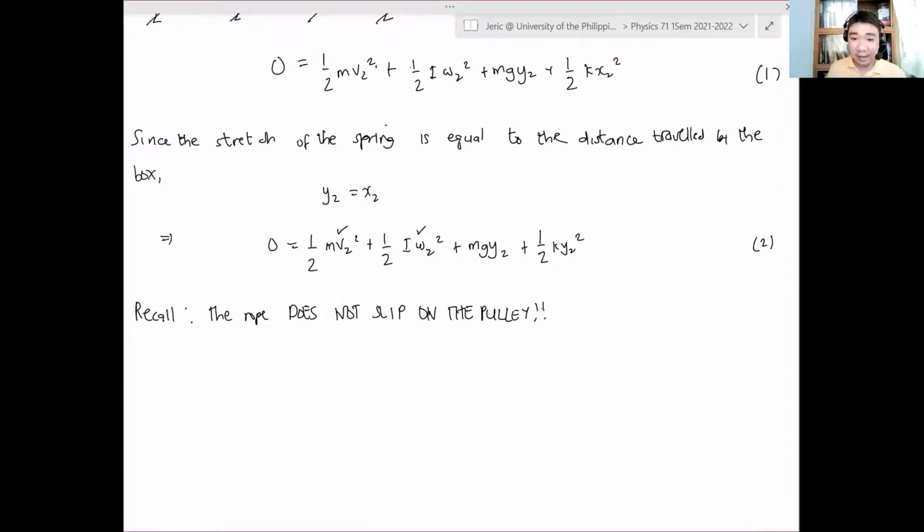We see that the tangential velocity acting on the edge of the pulley is equal to the radius of the pulley times the angular velocity of the pulley, omega. And hence, the velocity of the rope and therefore the velocity of the box should be related to the angular velocity of the pulley as given by equation 3. Therefore, we now have two equations and two unknowns, and hence we can determine V uniquely.